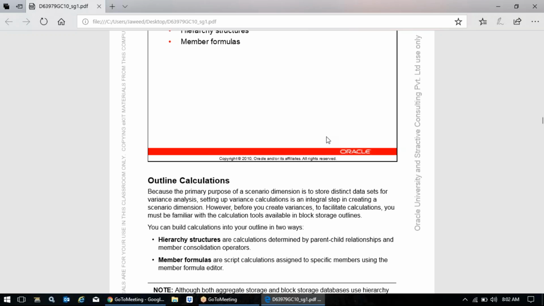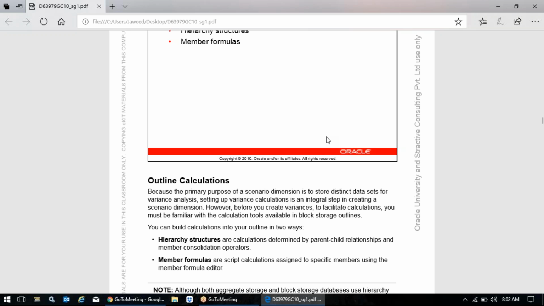The last example, whatever the closing balance is for the quarter, it has to be the opening balance for the next quarter. So you simply write an expression or a member formula on the opening balance for the next quarter to pick it from the last quarter's, last month's closing balance.